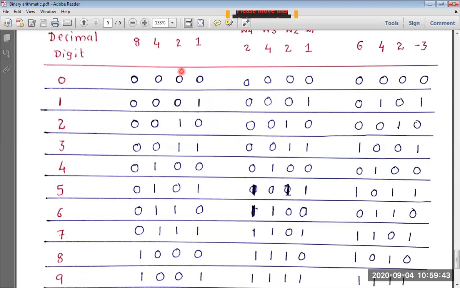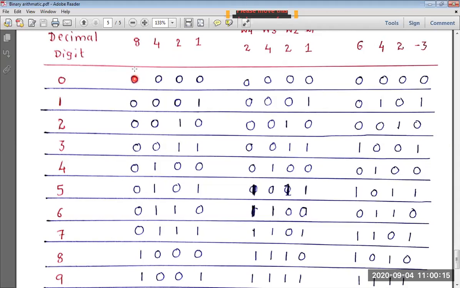It is also called BCD, binary coded decimal. Now in the binary system, what is the weight for the first digit? If you remember, 2 power 0, which is equivalent to 1. The weight for the second digit is 2 power 1, which is 2. The third digit, 2 squared, which is 4.